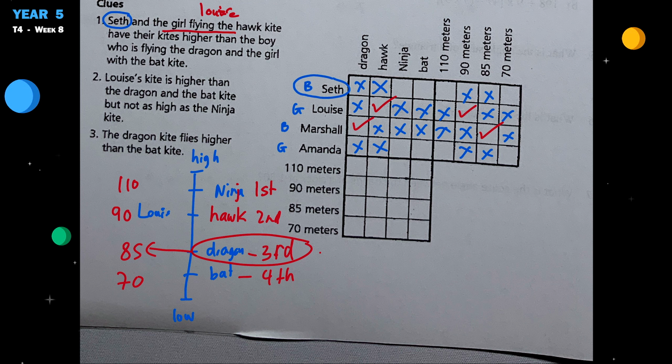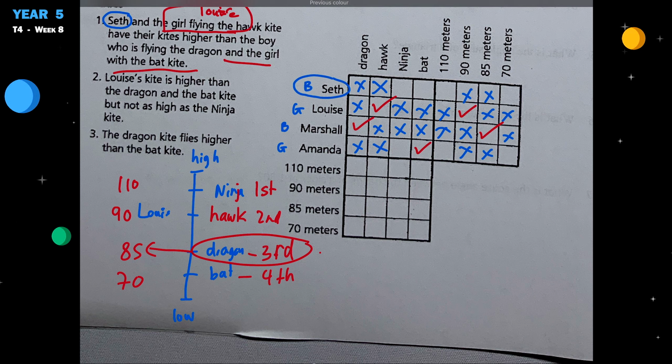So who's the girl flying the bat kite? That must be Amanda, because Lewis is already the girl flying the hawk kite. The girl with the bat kite is the other girl, which means Amanda must have the bat. So Amanda has the bat.